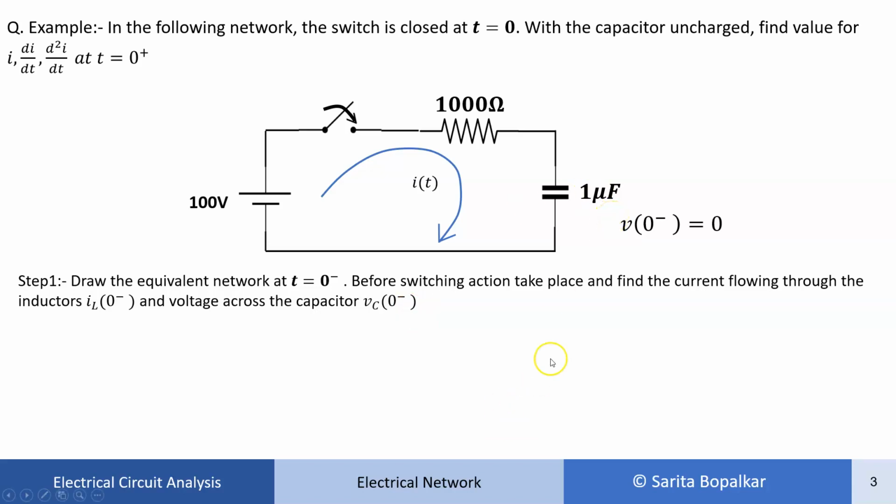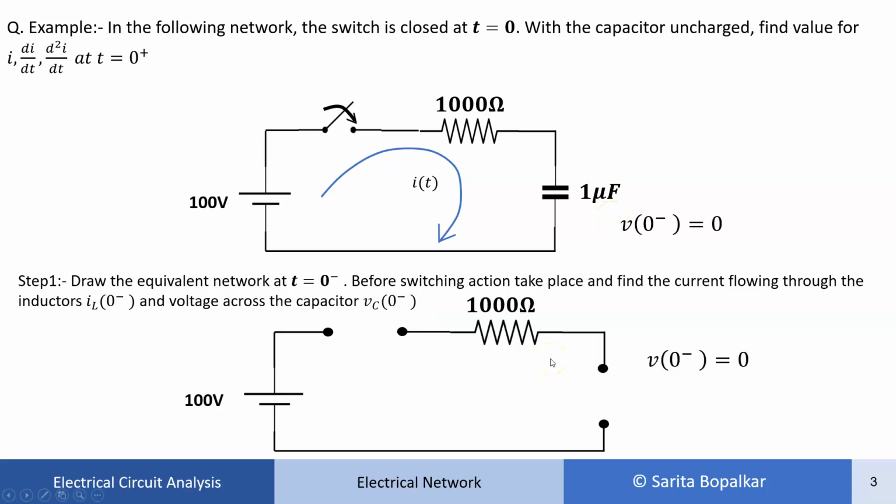So we'll represent this capacitor voltage 0, meaning the voltage at this plate and this plate is the same. So it will be represented as a short circuit and your switch is open at t is equal to 0 minus. So what will be the loop current? As there is no path to flow the current because this switch is open, i of 0 minus, that is the loop current, is 0.